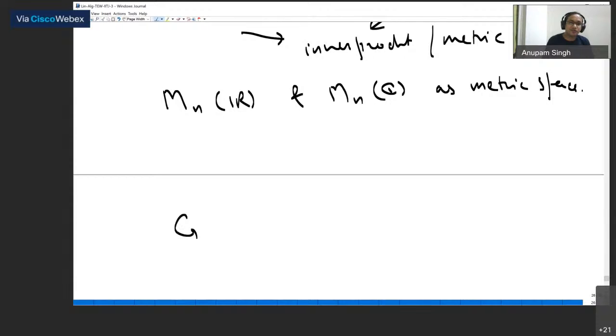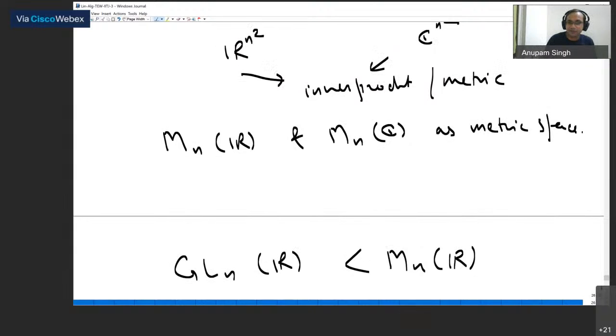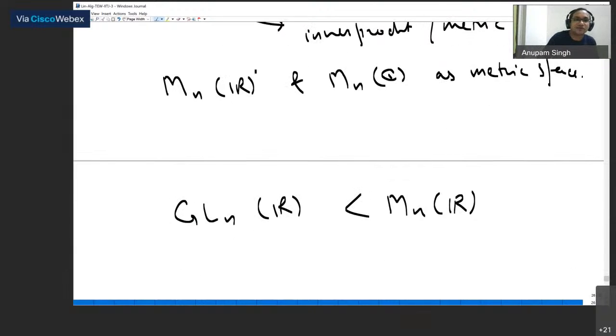Then we can have a subgroup which is GLNR, which is a subgroup of MNR. This is a metric space, but this need not be a group. I'm thinking of this as additive, so I have to think of GLNR actually, which is a group, but this is a subset of only that. Okay, let me correct this.